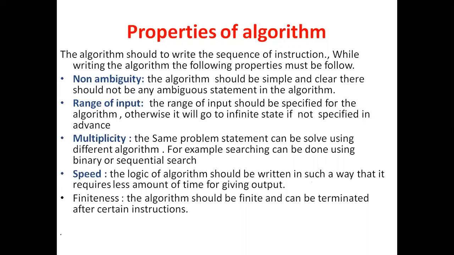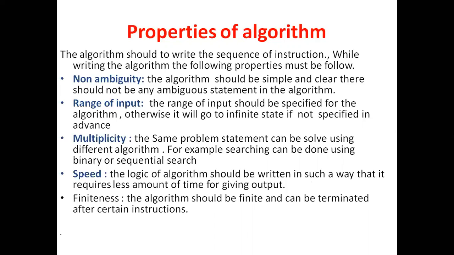Adding two numbers means the input should be two only. If we name the algorithm adding two numbers, and allow it to take 10 numbers, then it will not be a good algorithm, because you decided the range of input is 2. Only addition of two numbers can be done, so you are supposed to allow only two numbers. That is called your range of input.